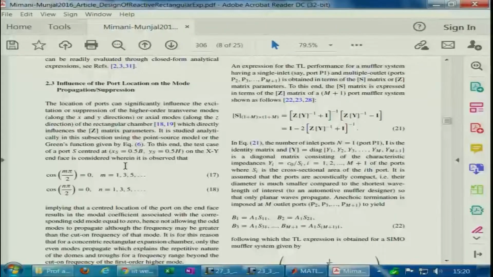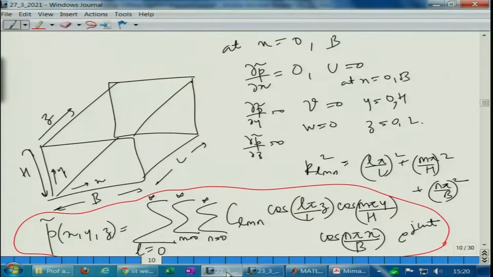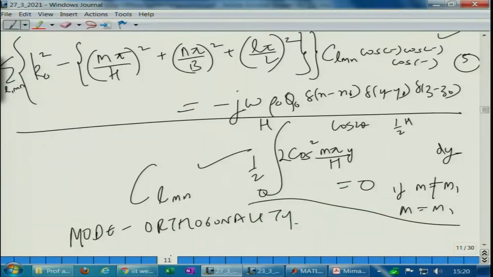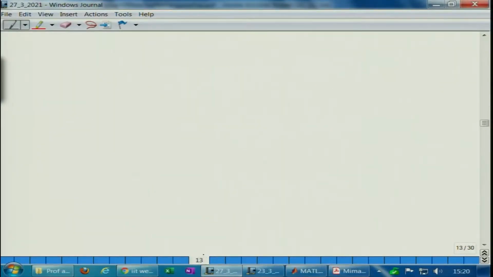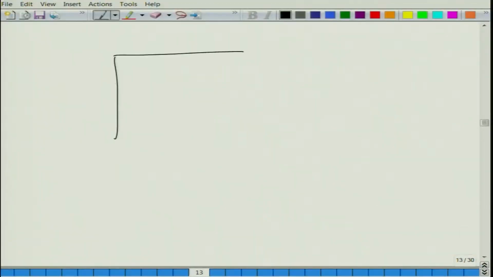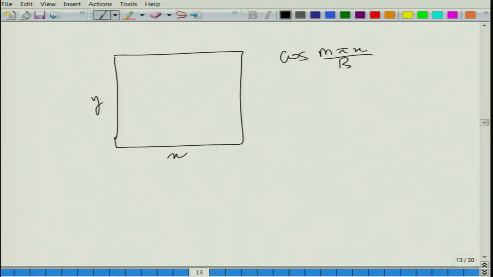The other thing that I want to quickly tell you is to consider the influence of the location of the port. This is something you have to understand for a particular cross section. So, let us say cos m pi x by b, where this is the x direction and this is y.